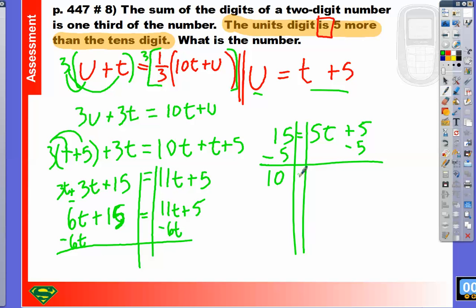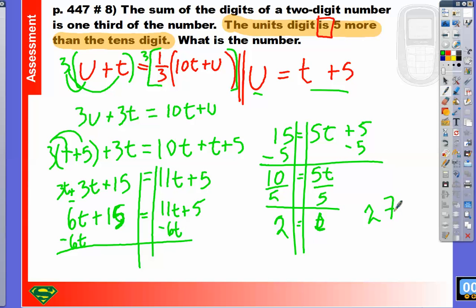So I get 10 is equal to 5t. What does t equal? 2. So my tens digit is 2. So if my tens digit is 2, what is my units digit? 7. So the number that I'm thinking of is?